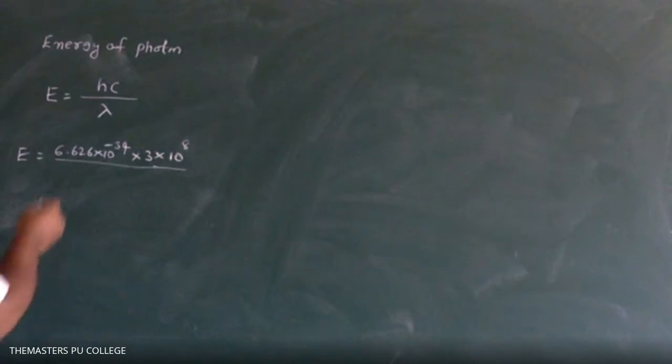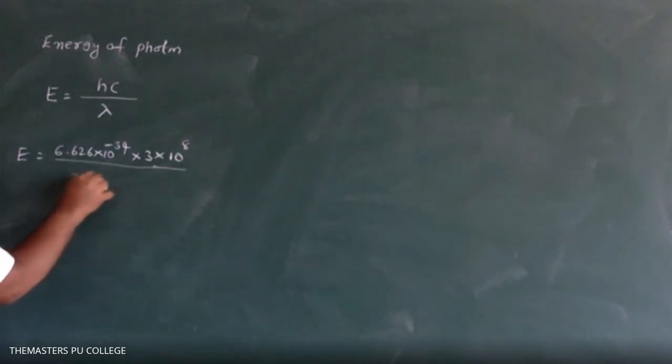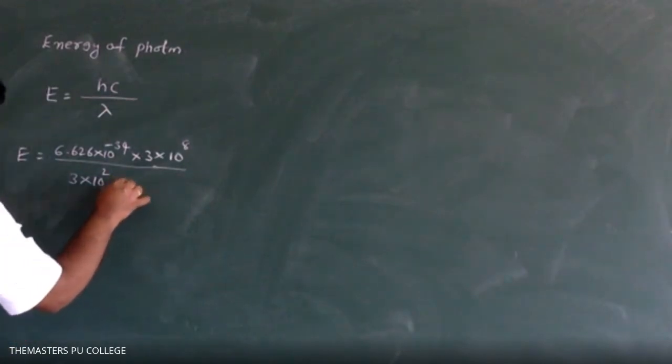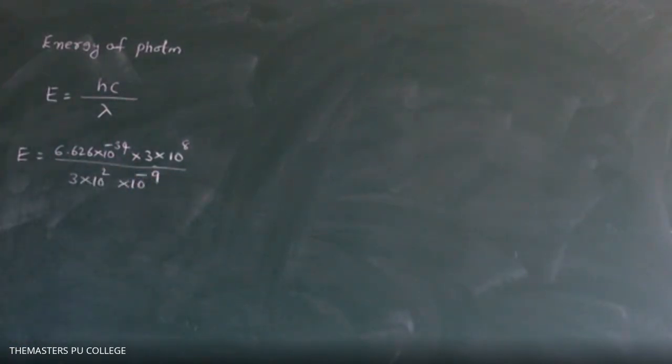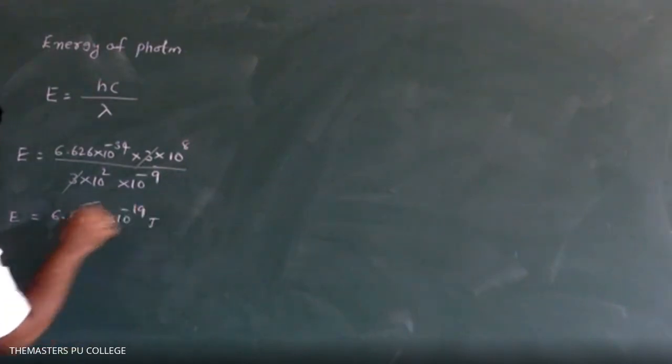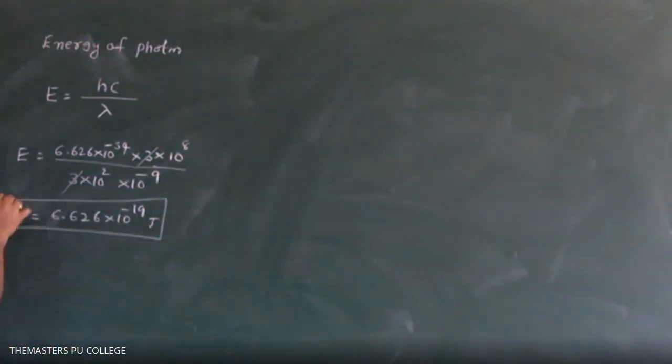Meters. Yesterday I told you that we have to take 3 into 10 power 8. Lambda is 300 nanometers, 3 into 10 power 2. 1 nanometer is equal to how many meters? 10 power minus 9 meters. 3 cancels. Final answer: E is equal to 6.626 into 10 power minus 19 joules. This is the energy.